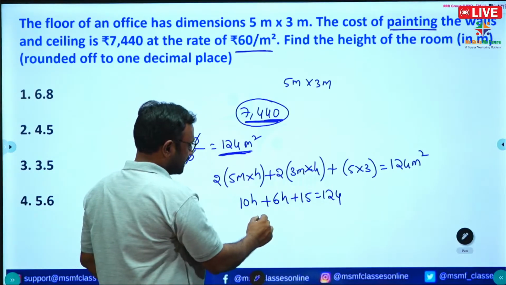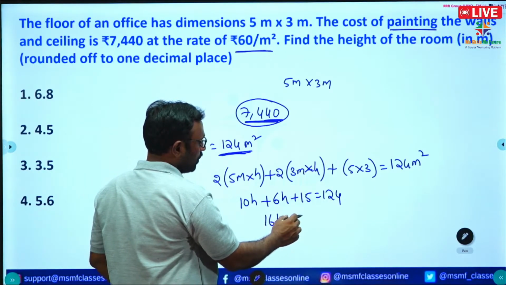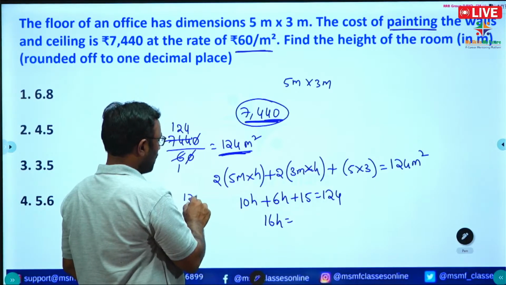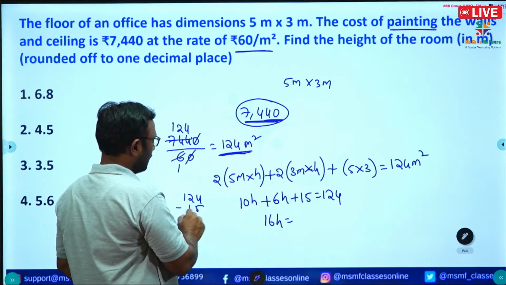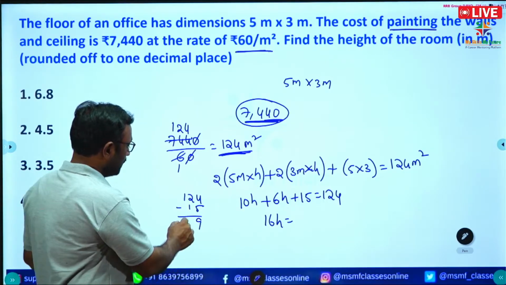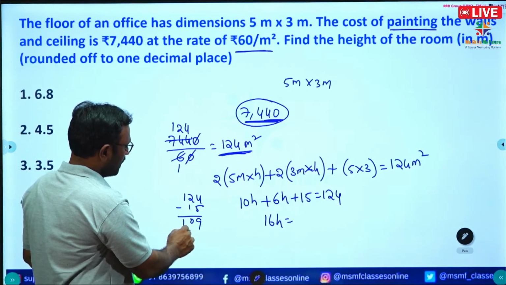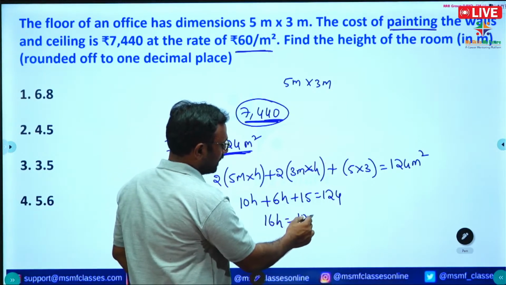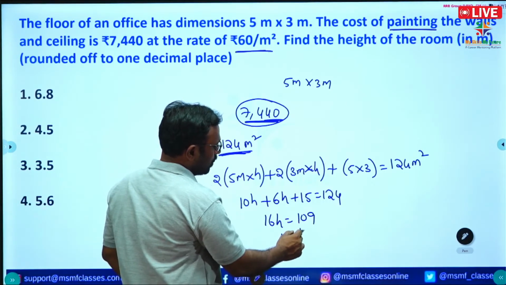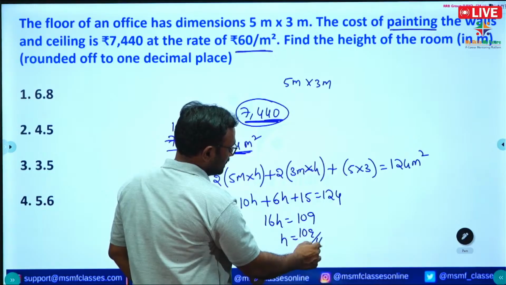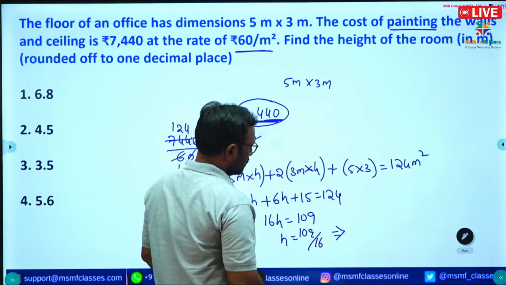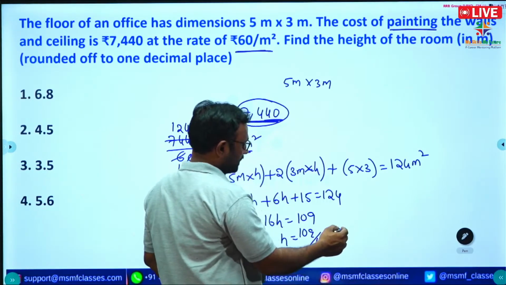So 16h is equal to 124 minus 15. So we get 109. So h is equal to 109 by 16.